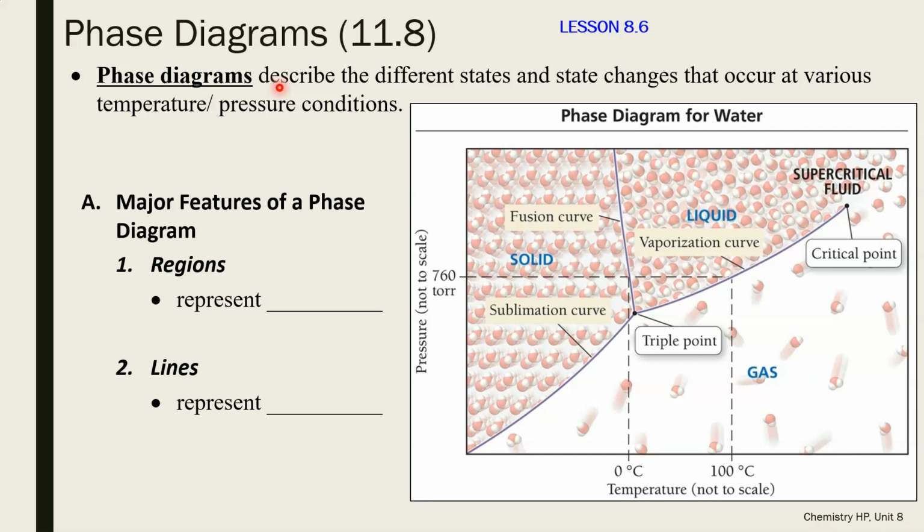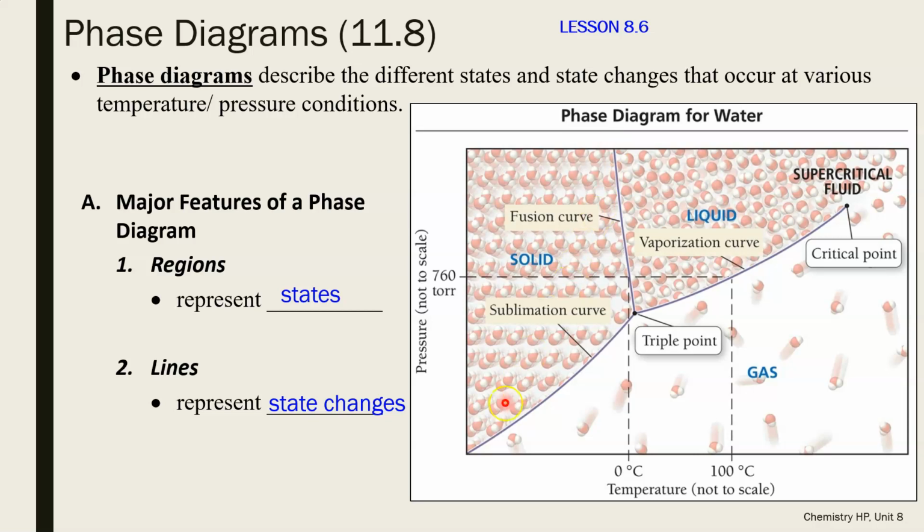There are several major features of a phase diagram. First of all, let's talk about the regions, which I just represented and showed you. The regions represent states, the solid, the liquid, and the gas states or phases, and I'll use the words gas and phase interchangeably. And then the lines represent state changes, so that this line right here, moving up and down, represents the fusion curve, or the phase change between solids and liquids, what we would call melting or freezing, depending upon which direction we're moving in.